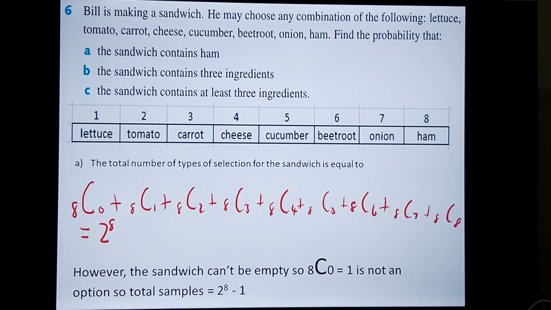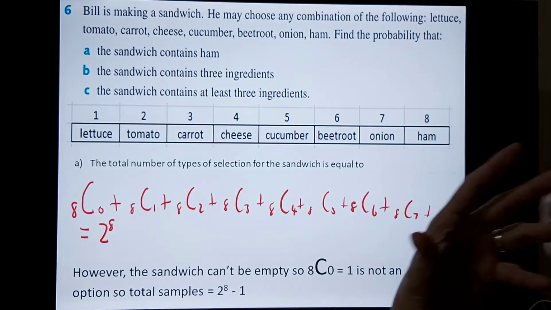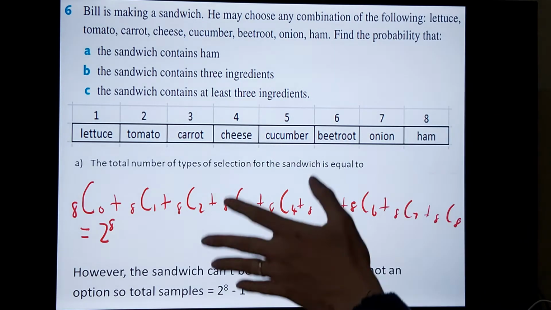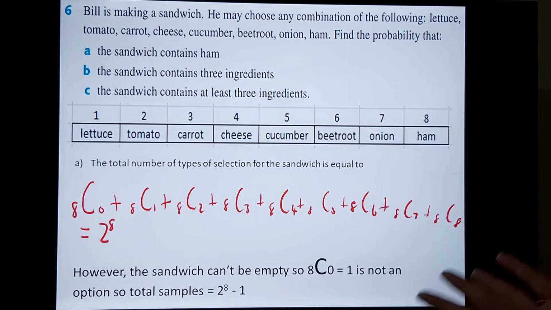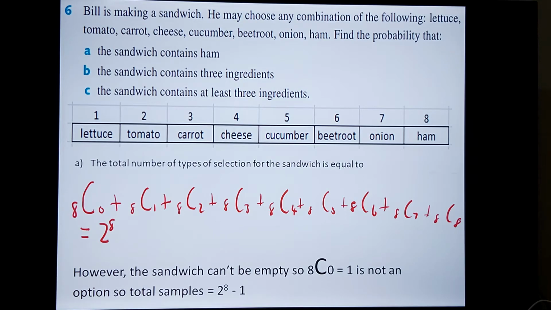Since there are 8 different ingredients, and you may choose any combination, you can put all 8 of them into the sandwich, or choose just 7, or 6, or 5, 4, 3, 2, or 1. But in this case, you can't choose nothing, or else your sandwich will be empty. So you must at least choose one.